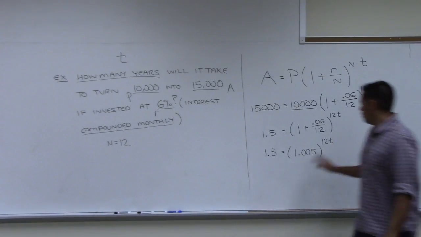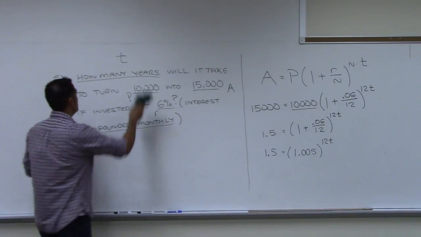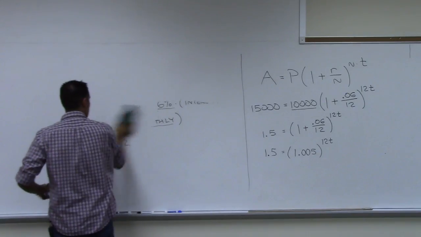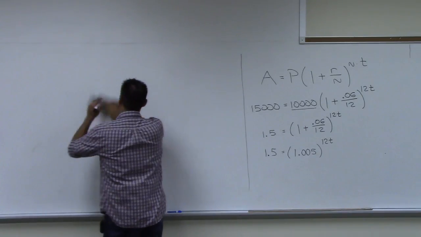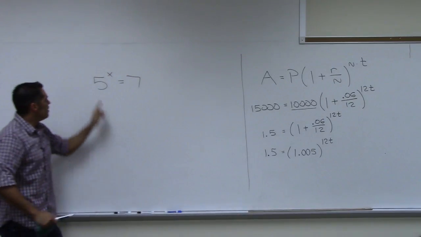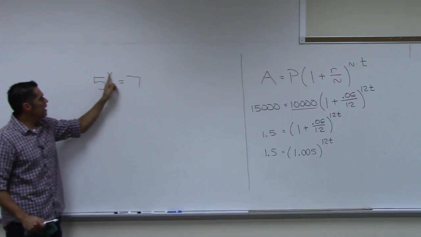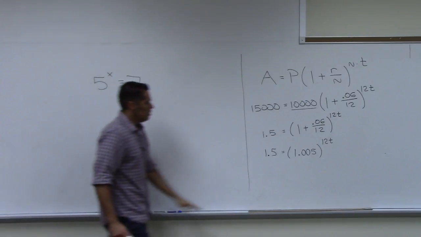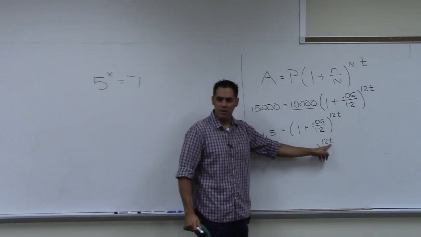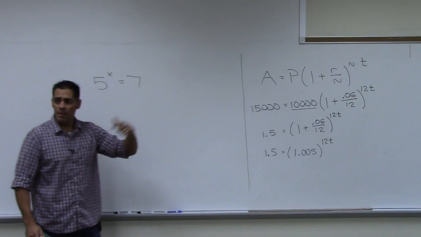Now, if you squint your eyes hard enough at this, I want you to realize that what you're looking at right there looks a lot like the problem we just did. We have a number to a power equals a number, right? And we're trying to find out what this power is. Understand? So I'm going to go from here to logarithmic form.